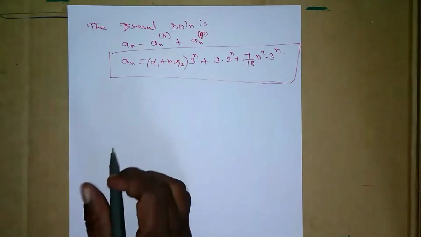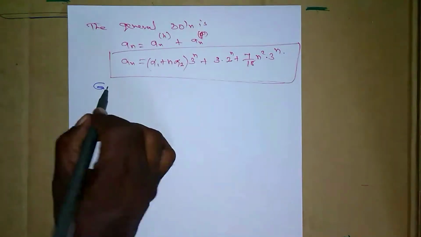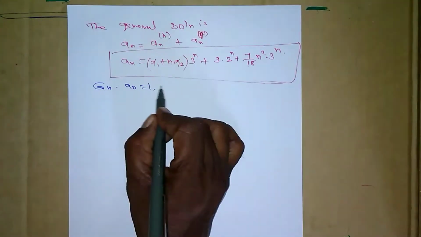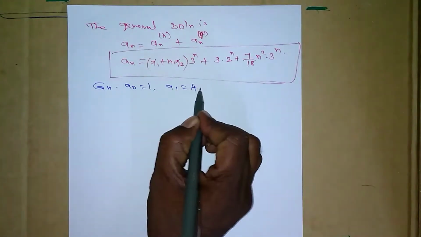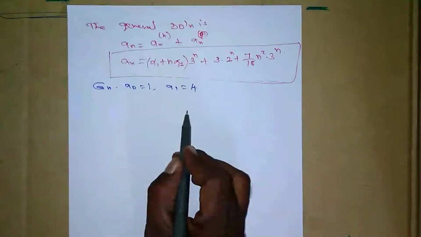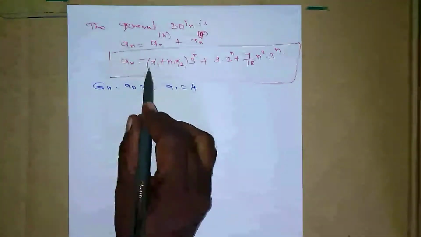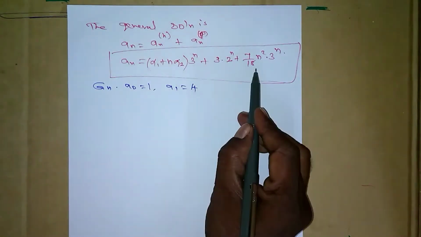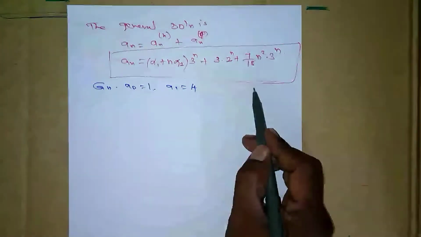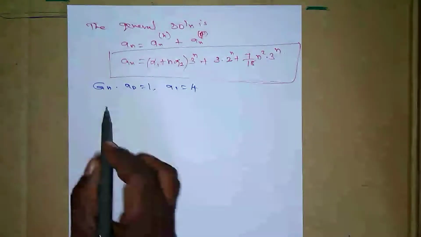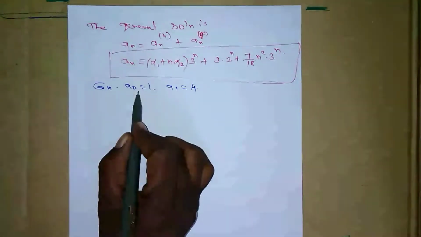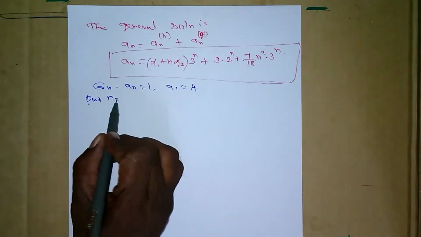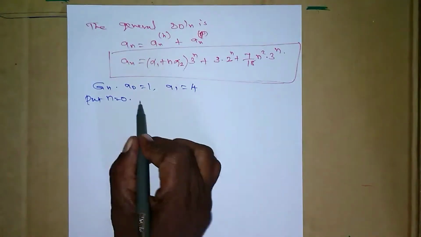Now, given a0 equal to 1 and a1 equal to 4, because the initial conditions are given, substituting the initial conditions in a n, we get the values of alpha 1 and alpha 2. Therefore, to find a0, put n equal to 0 in the general solution.